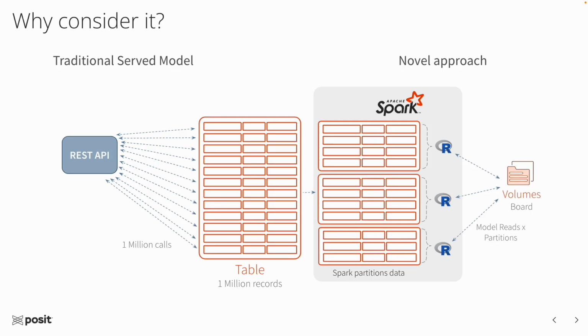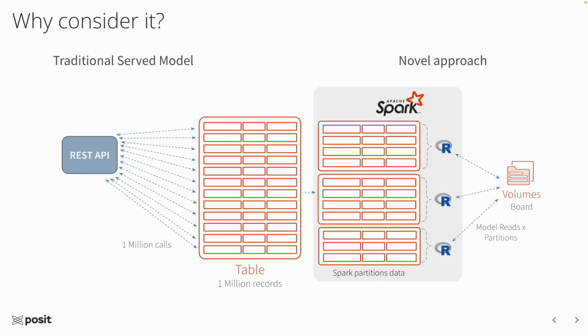Then, because it allows us to run R UDFs, meaning that you can run R code inside Spark, you can have a small program that will read the model from the volume, and it will run the predictions in each of these segments or partitions individually and also in parallel.